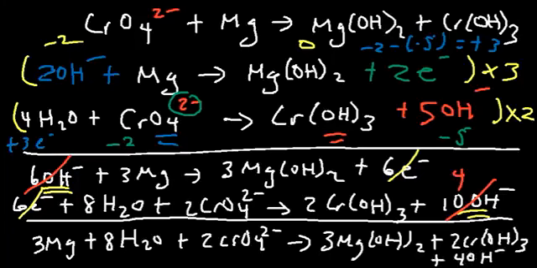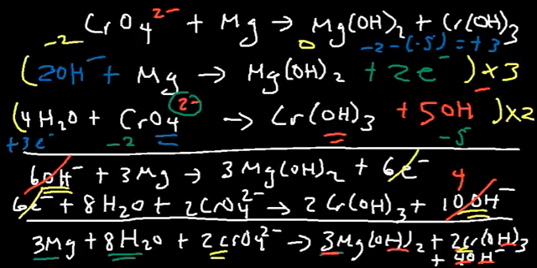So now it's balanced. But let's make sure. So we have 3 magnesium atoms on both sides, 16 H2O molecules on the left, 16 hydrogen atoms. Here we have 3 times 2, which is 6 hydrogens, 2 times 3, which is 6, that's 12, plus 4, so that's 16. We have 2 chromium atoms, 2 chromium atoms there.